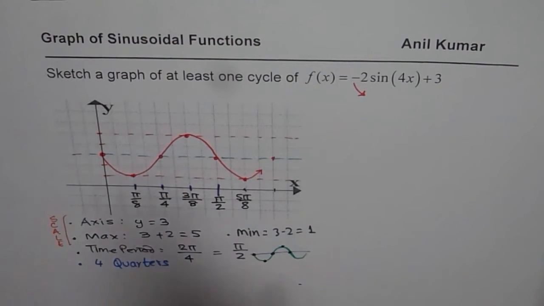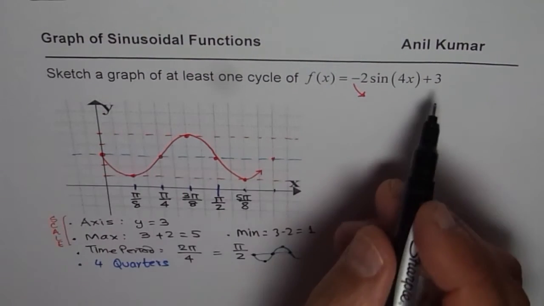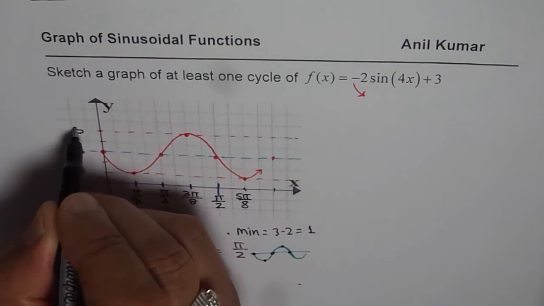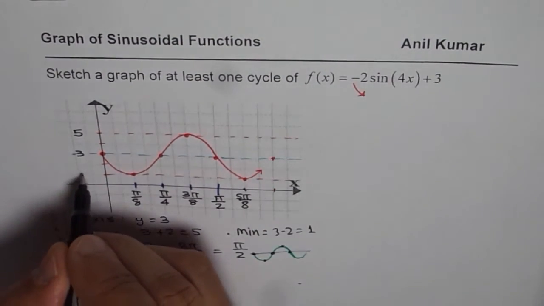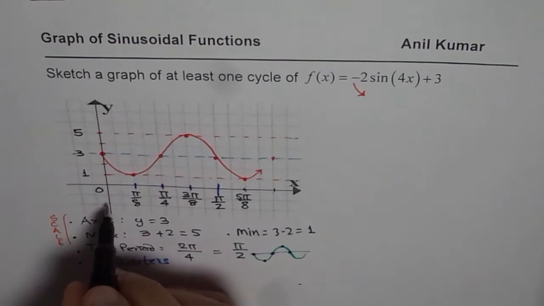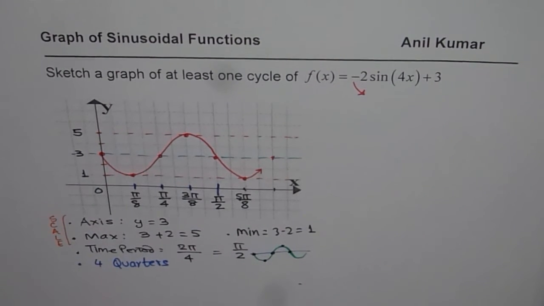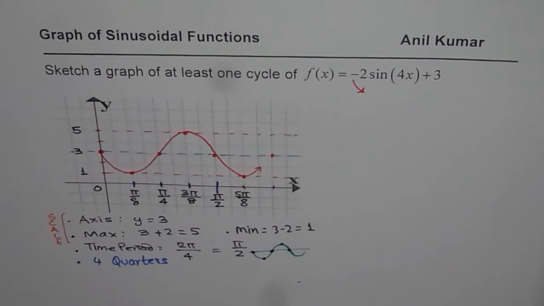You need to label. So here on the y-axis, we have 3 as your axis, right? 5 as the maximum and 1 as the minimum, that is 0. That completes your graph. I hope these steps are absolutely clear. So follow these steps to sketch such functions.